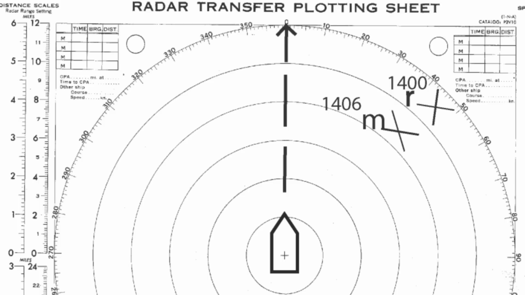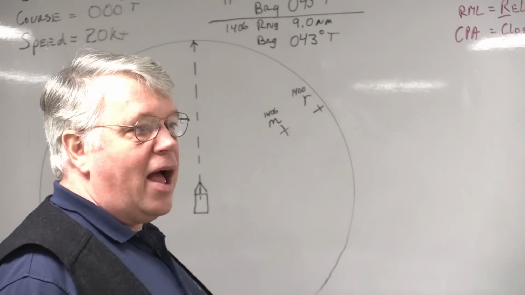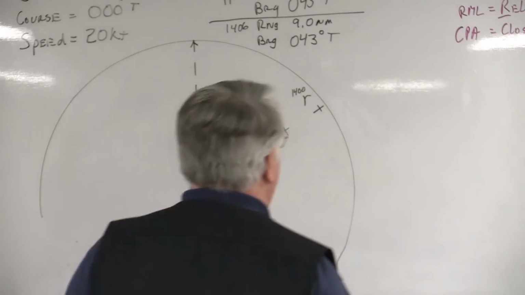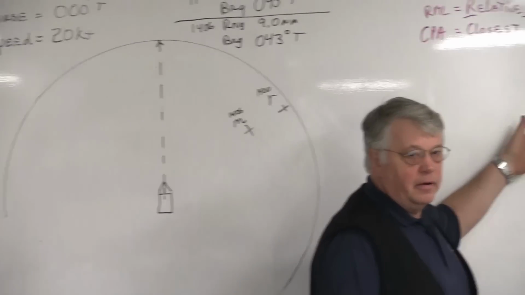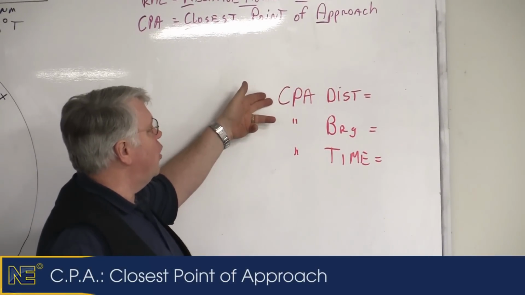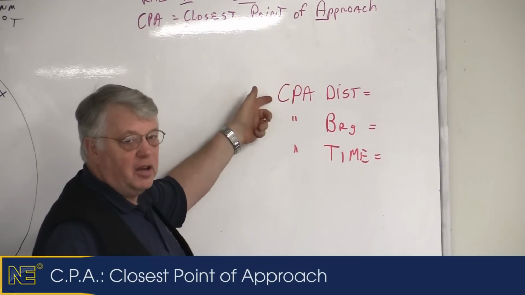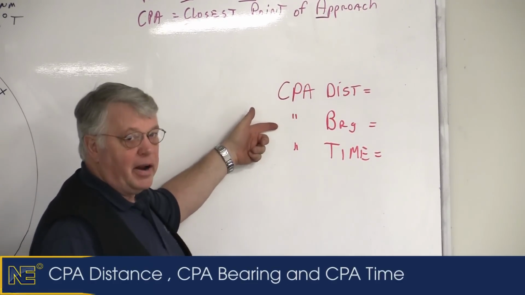Okay? So now that we have 2 plots that are 6 minutes apart, we can figure out the most important information we need on this target. And that's what I've written over here. We're going to find the closest point of approach, or what we call CPA distance. Then we're going to find the CPA bearing.